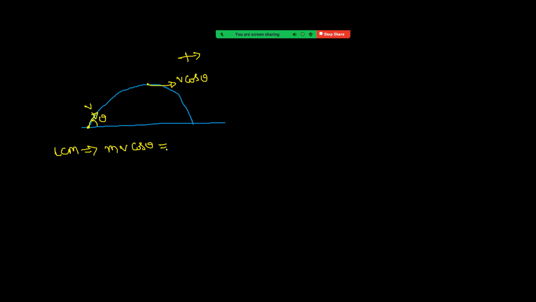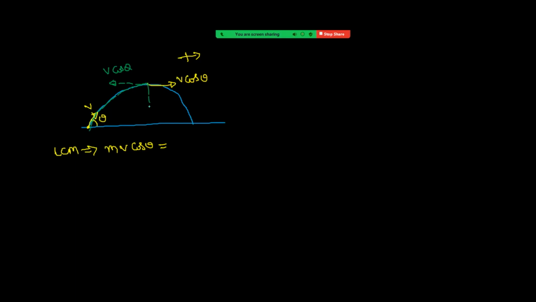Now focus just after. One condition given is that one of the fragments retraces its path. Retracing its path means its velocity must be v cos theta and the direction must be to the left side. If it is v cos theta, then it follows the same path and retraces, okay?